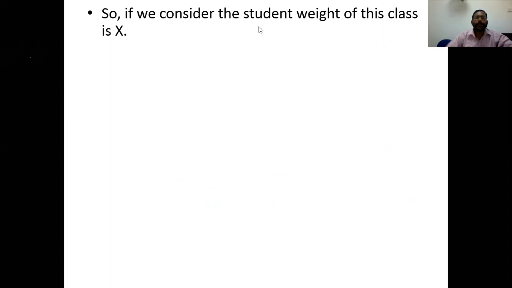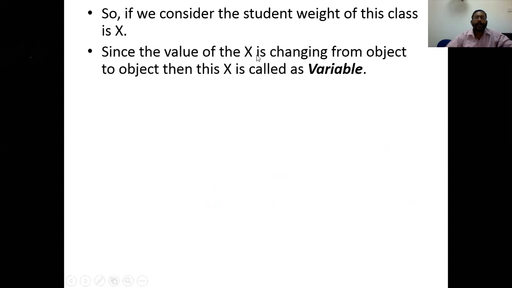So we consider the student weight in this class to be X. Let's assume it is X. Since the value of X is changing from object to object, X is called a variable. This is how we can define it.